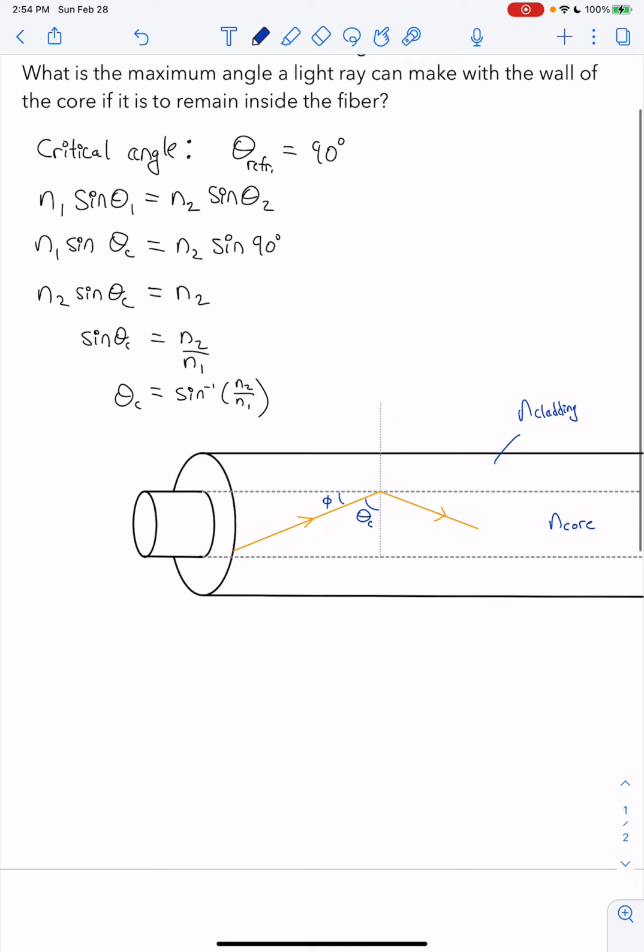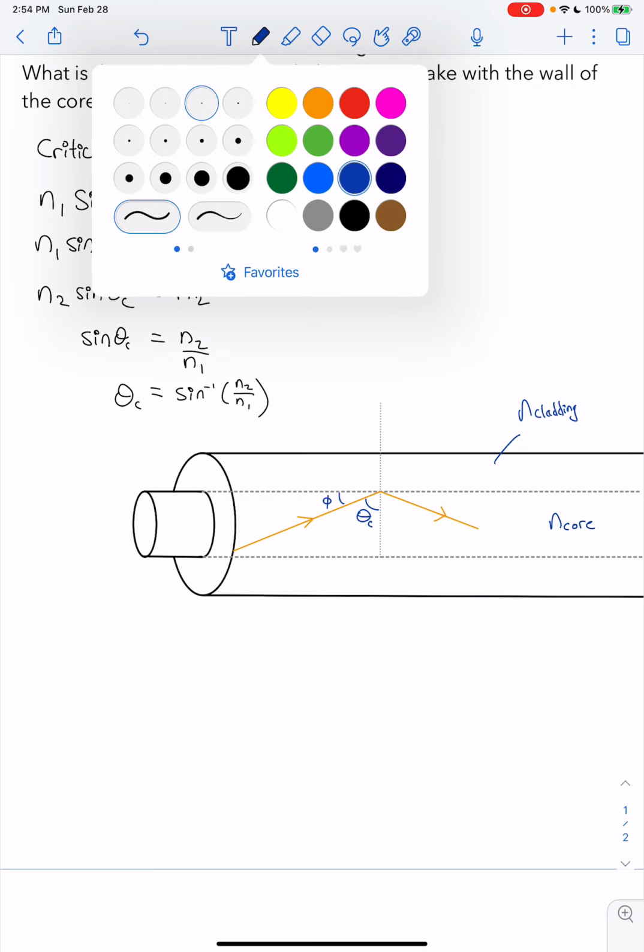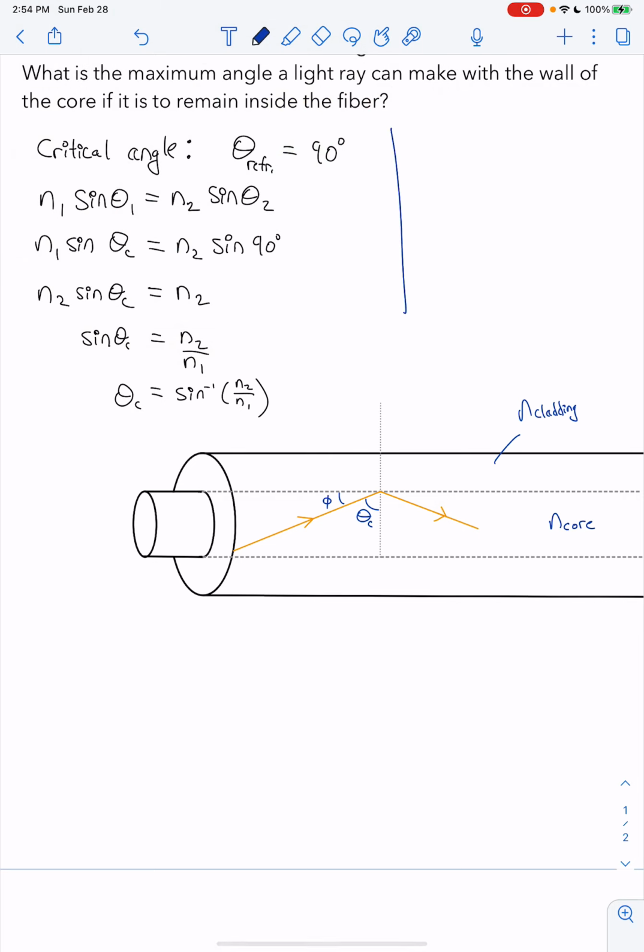So it's kind of interesting to note that we have to very carefully interpret this. It's asking for the maximum angle the light ray makes with the wall of the core. Now that's not the angle that we normally use. That's not usually the reference point that we use for these refraction questions. Usually we're taking it with respect to the normal to that surface. Okay, so just to make a note of this, I think it's very important in terms of applying the critical angle.